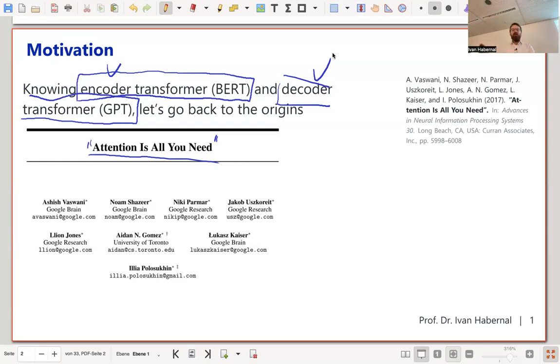While in GPT, in the decoder, we use language modeling. So what is language modeling doing? What do you do in language models? What is language model good for? You get the conditional probability of a token based on features.